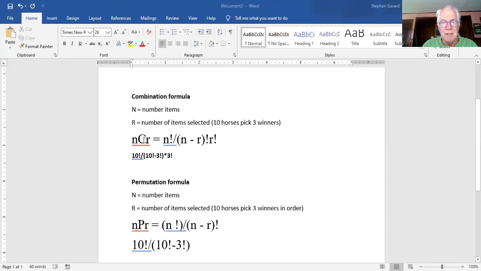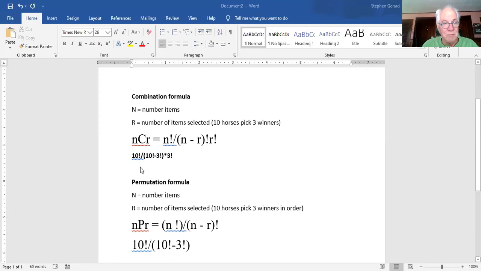nCr, the number of combinations of 10 things taken 3 at a time, 10 horses taken 3 at a time. How many possibilities are there for that? It gives you this formula: nCr equals n factorial divided by (n minus r) factorial multiplied by r factorial.